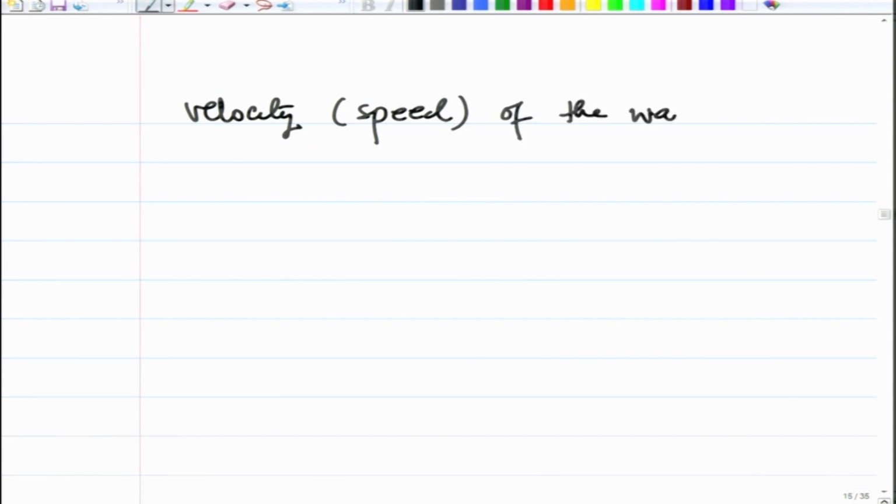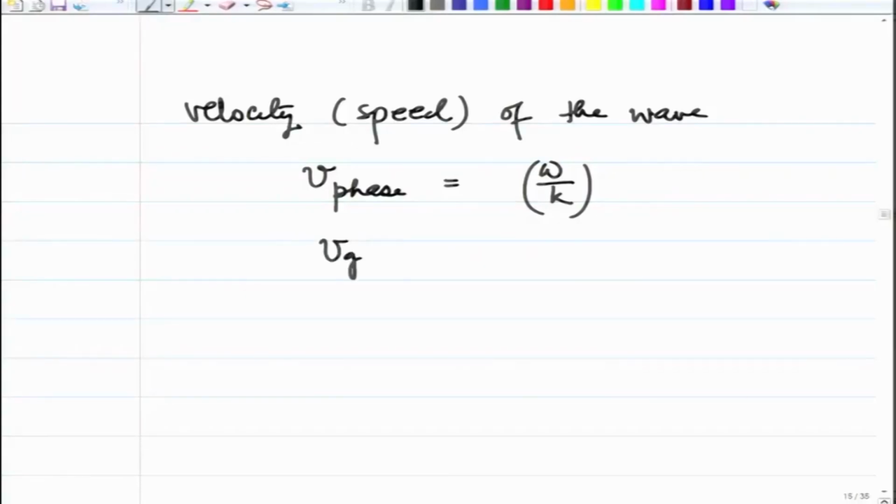What about the velocity? It is better to call it the speed of the wave. There are two kinds of speeds: v phase, which is equal to omega over k, but it is a meaningless quantity in this context, because information actually travels with something called the group velocity, which is d omega over dk.